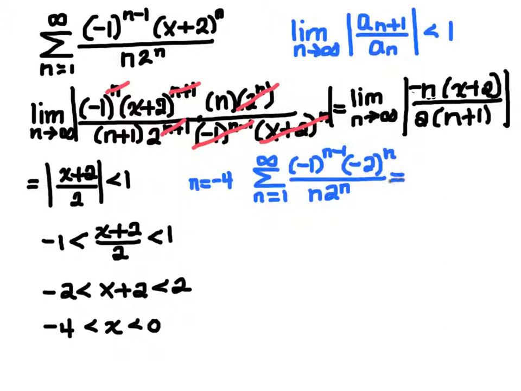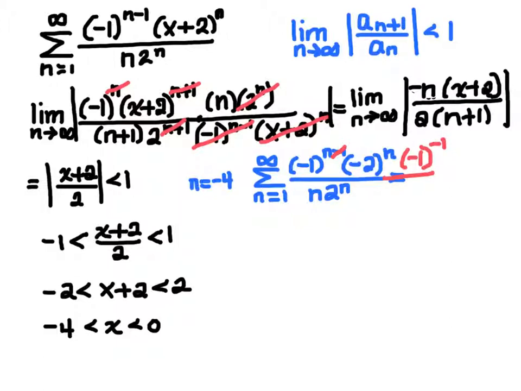And we can do some canceling here, because the negative 1 to the n times negative 1 to the negative 1, I can actually pull that out. Let's make this a negative 1 to the negative 1.